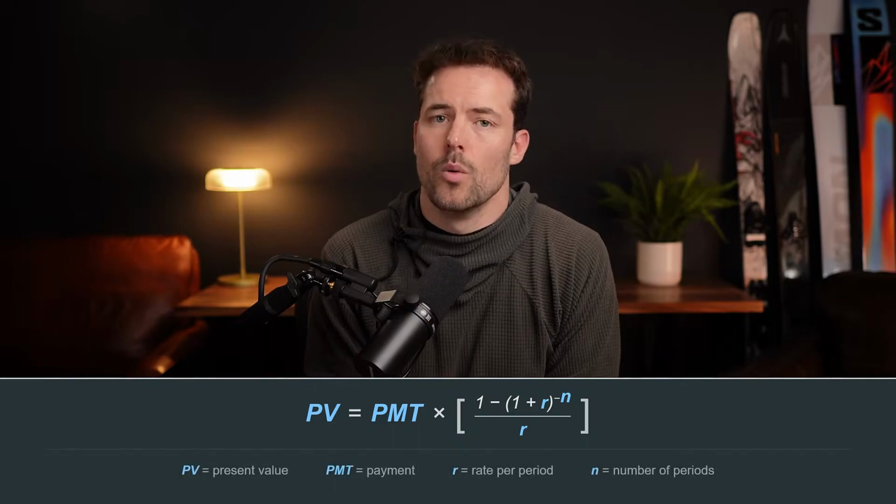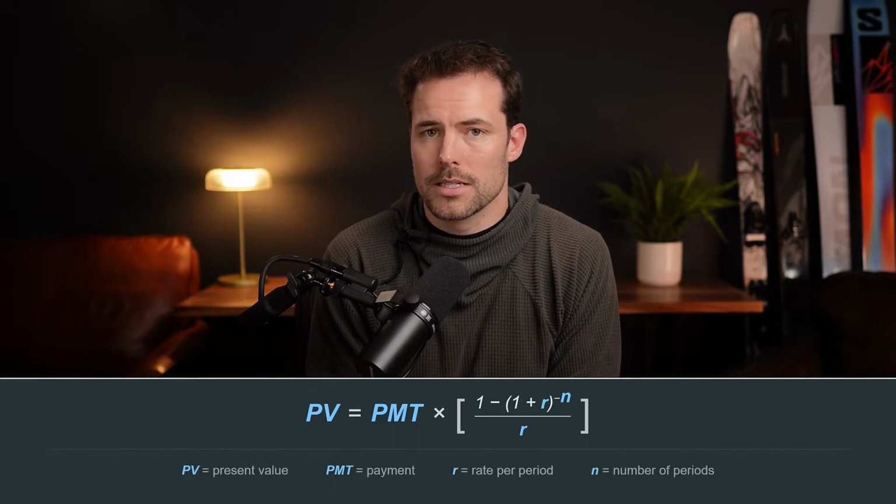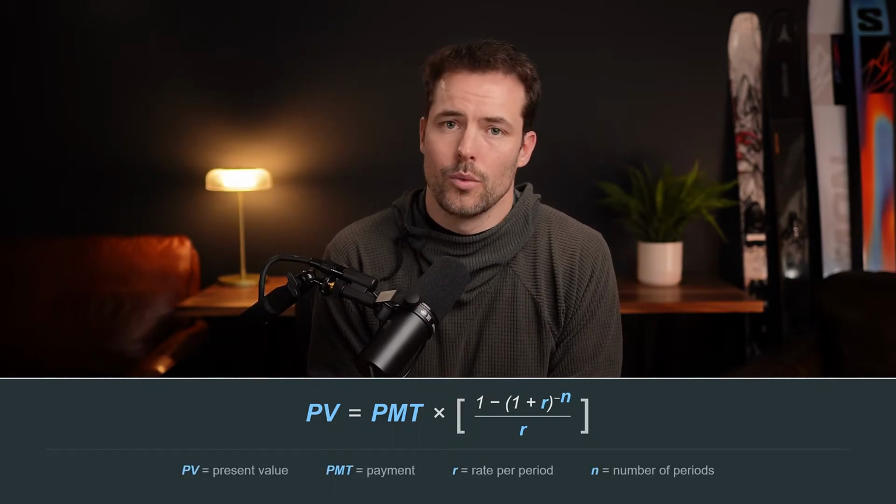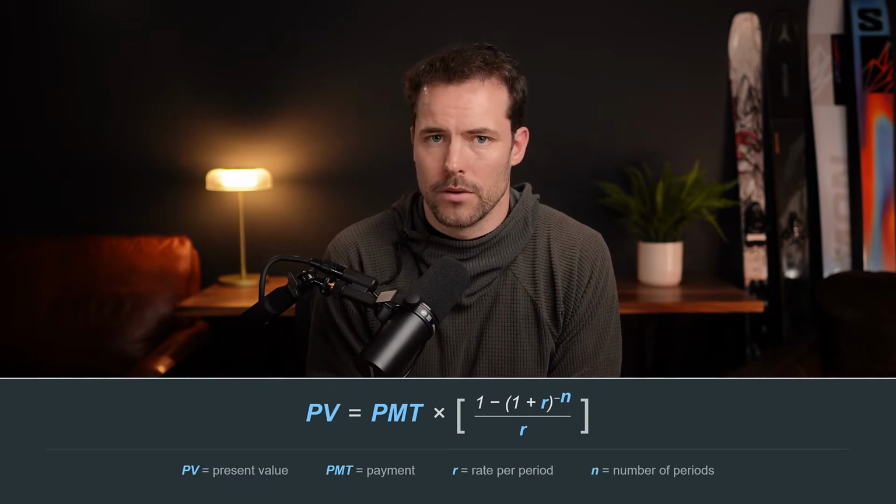Now, the last note before we wrap up. You'll also see closed form formulas in textbooks for the present and future value of annuities. For example, the present value of an ordinary annuity can be calculated by multiplying the payment by 1 minus 1 plus the periodic interest rate raised to the negative number of periods divided by the periodic interest rate.